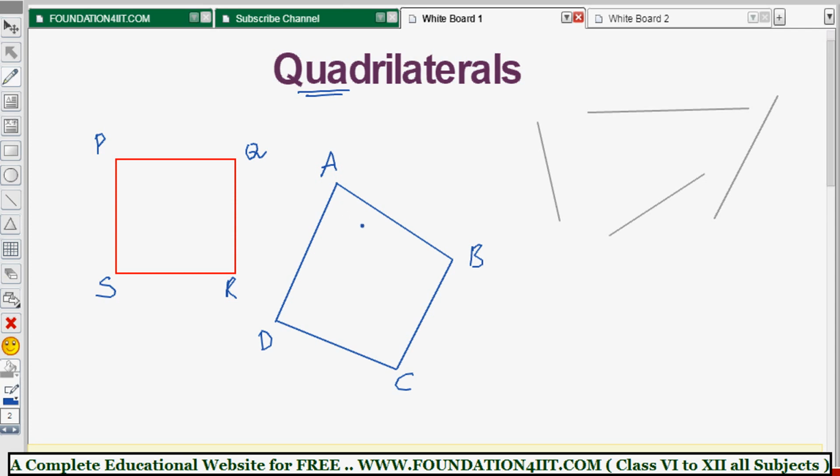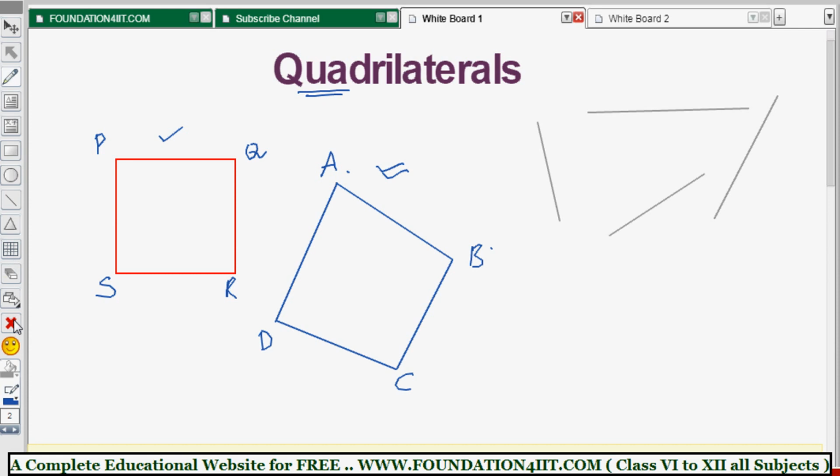First of all, a quadrilateral is a closed figure. For example, ABCD is a quadrilateral, it has 4 vertices, and PQRS is a quadrilateral, it has 4 vertices. So every quadrilateral has 4 vertices. In this example, A, B, C, D are the 4 vertices and there are 4 sides.